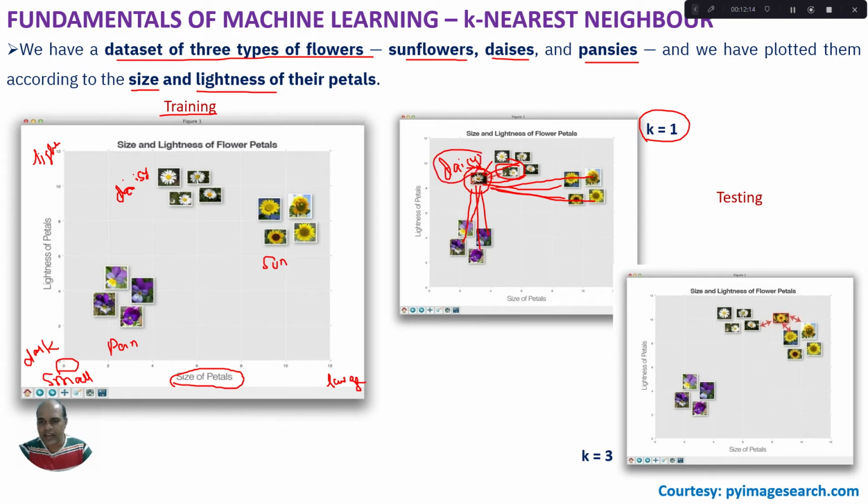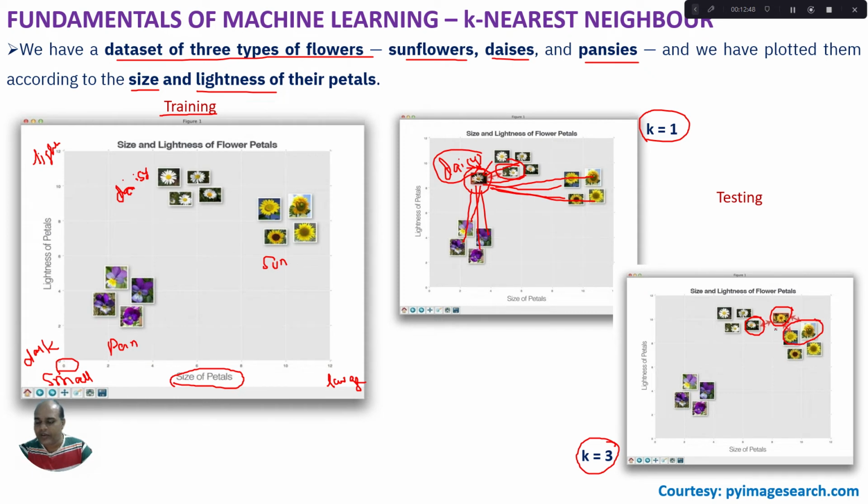So let us consider another test example. If I take the k value to be 3, in case here I have a new data point. Now I have taken the k value to be 3, so I need to take the top 3 closest matches. When I do the same distance metric computation of the new data point with all the other data points in the training data, I take the top 3 closest matches, in which one says it is daisy and the other 2 say it is sunflower.